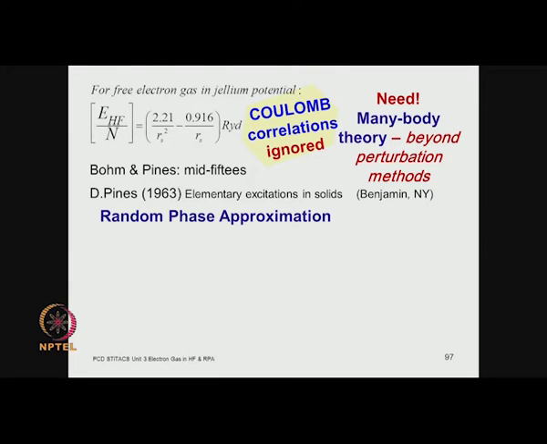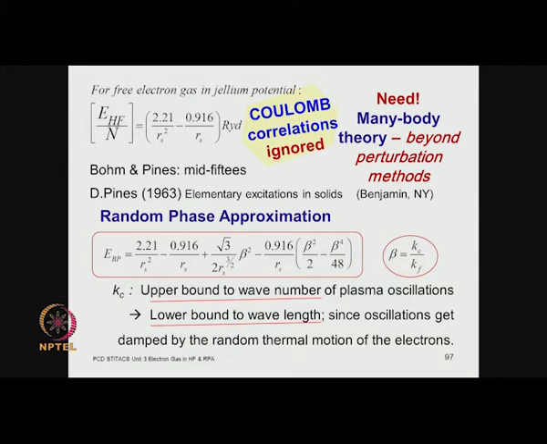Now, this is a technique which goes beyond the Hartree-Fock. It addresses some of the Coulomb correlations. It gives you a Bohm-Pines energy per electron which has these terms, 2.21 by Rs square and 0.916 by Rs, but then there are certain corrections in which these corrections are parametrized in terms of the ratio of Kc over Kf. So, that is, beta is just a ratio of Kc over Kf.